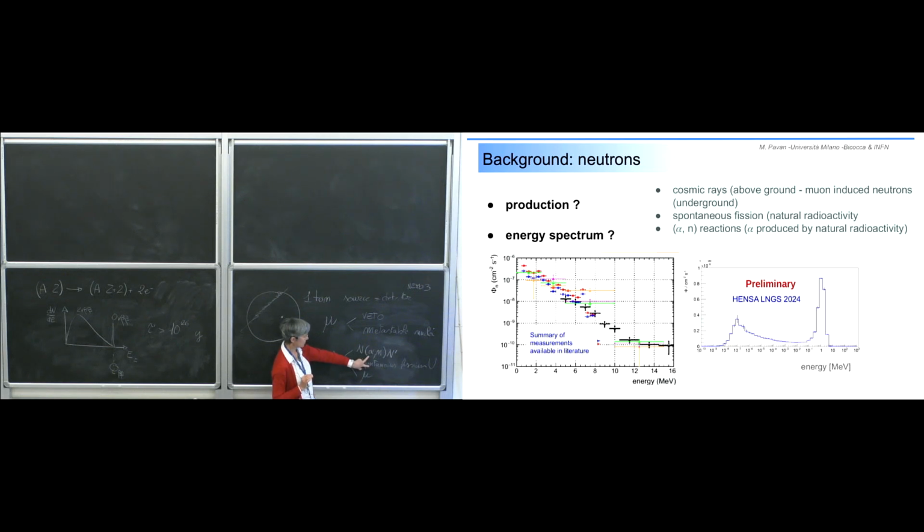And for these two processes, the cross-section is quite small, but the source is the rock, which is huge. What is important is that neutrons are not easy to stop, so you can have a very large volume that contributes.